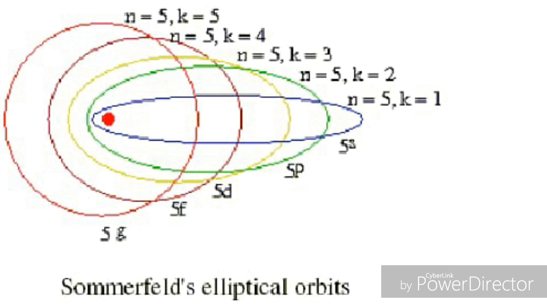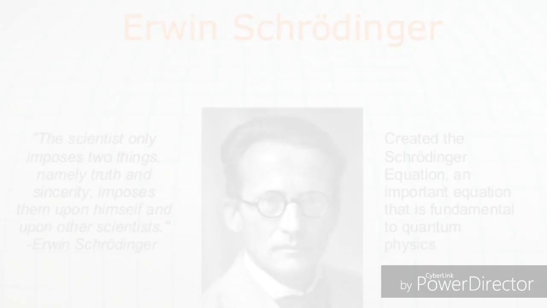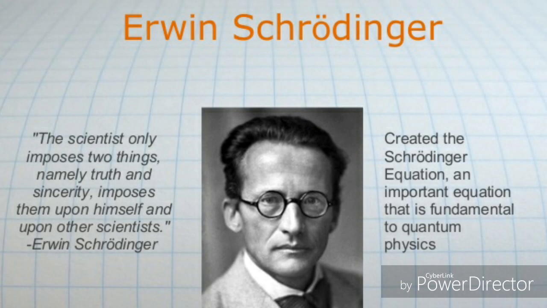Finally, the most accurate atomic model was proposed by Erwin Schrödinger. He proposed quantum mechanical model of atom, also called electron cloud model. He proposed this atomic model based on the quantum theory proposed by German physicist Max Planck.